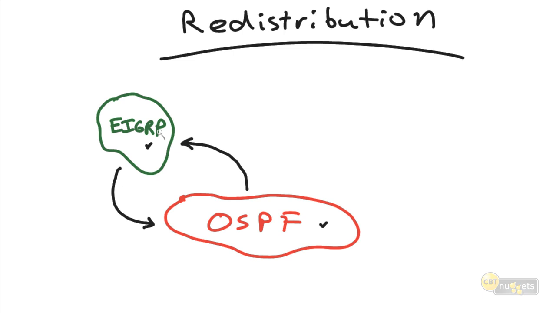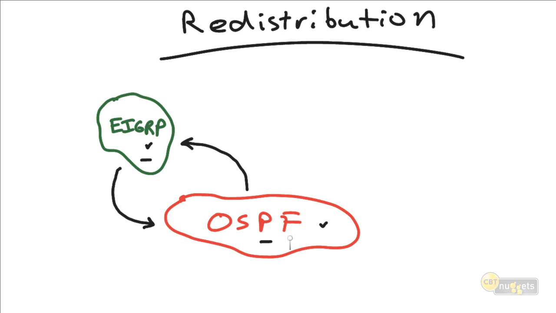Now, students will look at this illustration and they will go, Anthony, now wait a minute. Isn't there a chance for routing loops here? Isn't there a chance where packets and even routing updates could circulate endlessly in the topology? And the answer is no. No, there isn't. You see, EIGRP has built-in safeguards and so does OSPF in this situation.